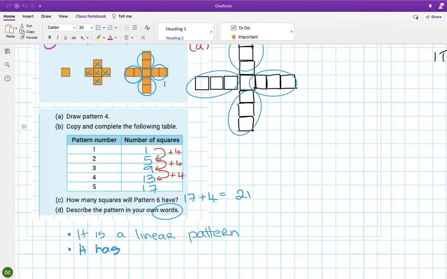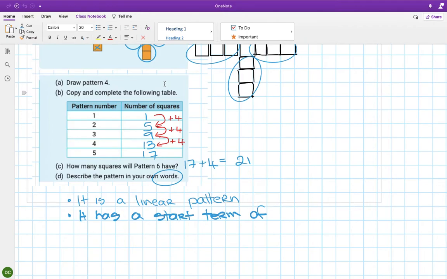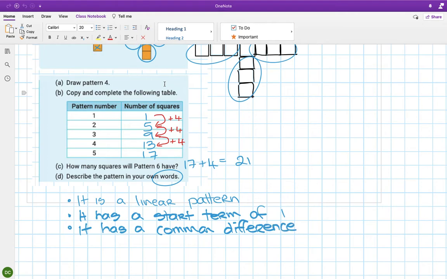It has a start term of 1. It has a common difference of 4. My 3 points. Okay?